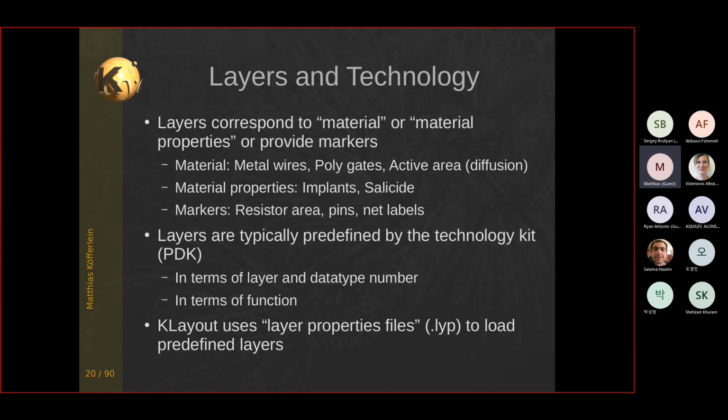But usually you get something like a technology kit, and this technology kit specifies these layers in terms of their meaning and in terms of their GDS layer and data type. KLayout uses layer property files. Those are KLayout-specific files which specify what layers are there, how they are styled, and also give these layers a name, which is pretty important because you don't want to remember 100 GDS layers. You want to see that the layer is a metal 1 drawing layer, for example.